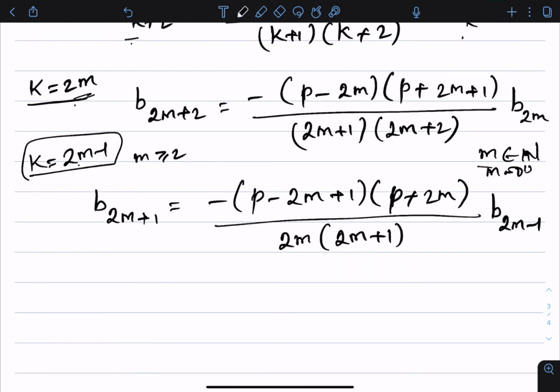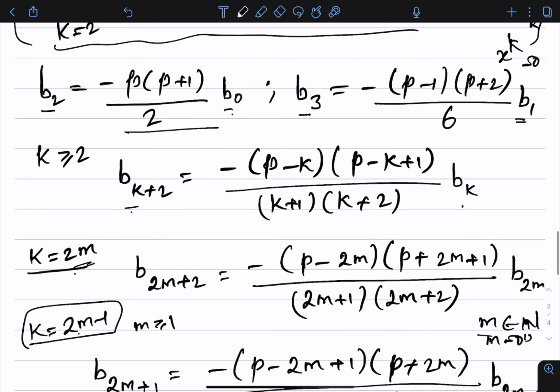In this case you can also include 1, because when m is equal to 1, then 2 minus 1 is 1.